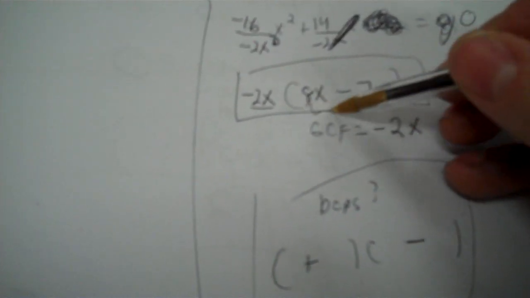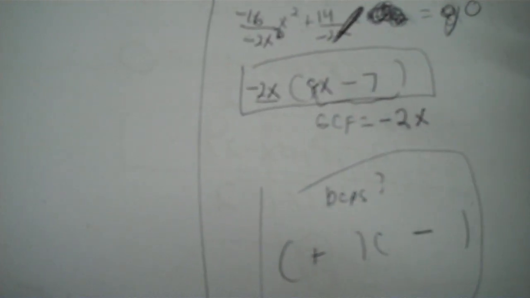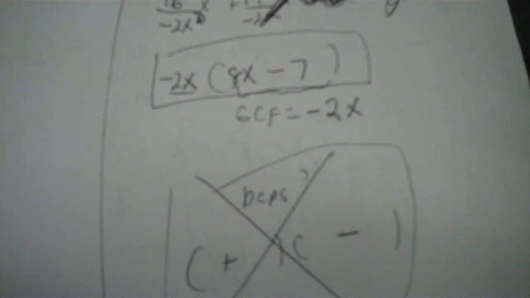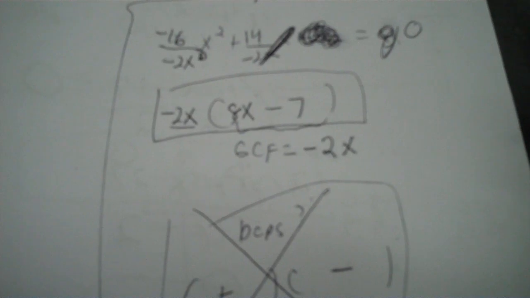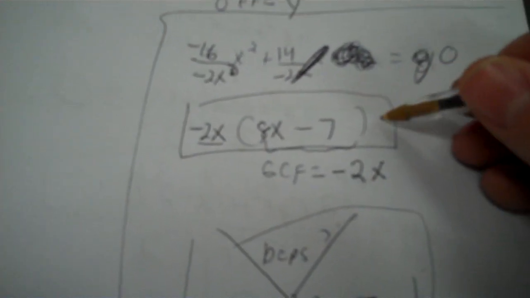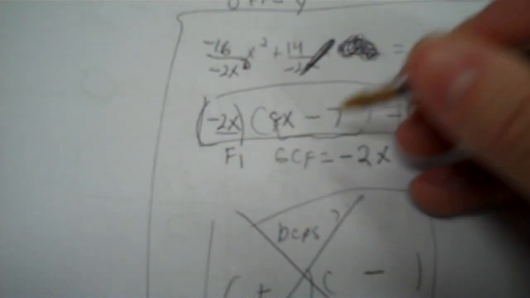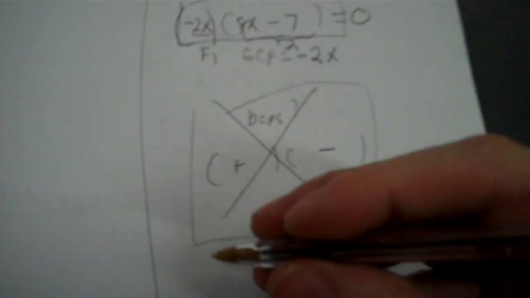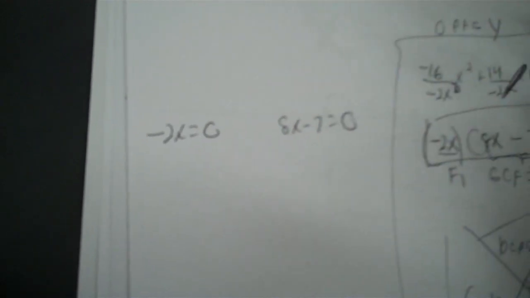Now if you look in that parentheses, you see that your x is no longer to the second power. So you don't have to do the difference of perfect squares. You don't even have to check for it. Besides, even if it was x squared, 8 and 7 are not perfect squares. So I put equals 0, wrap parentheses, and you have F1 and F2 right there. So negative 2x equals 0, or 8x minus 7 equals 0.